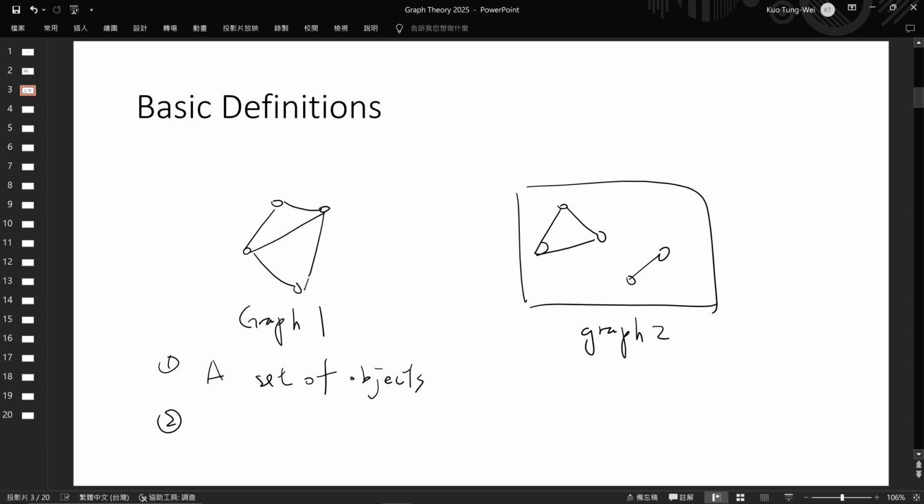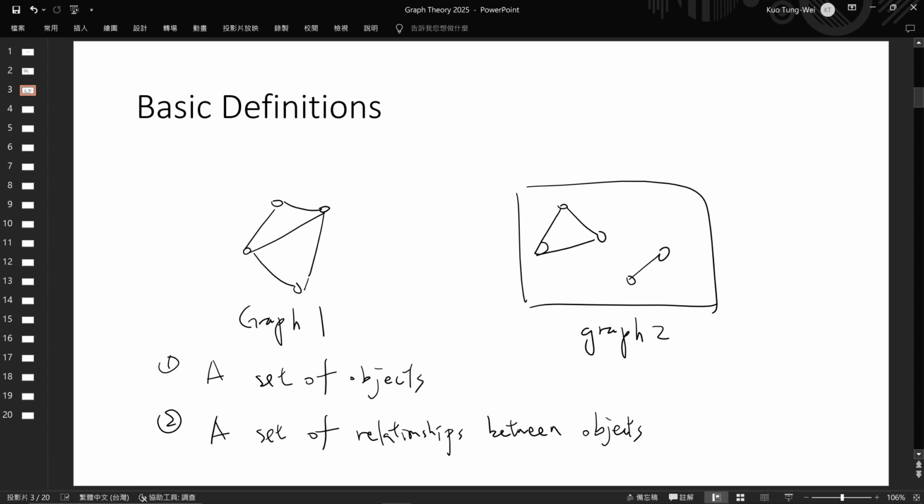So you have a set of relationships between objects. So basically, to define a graph, you have two sets, okay? First, the objects, and second, the relationships.